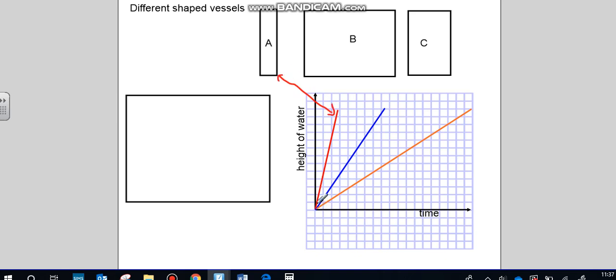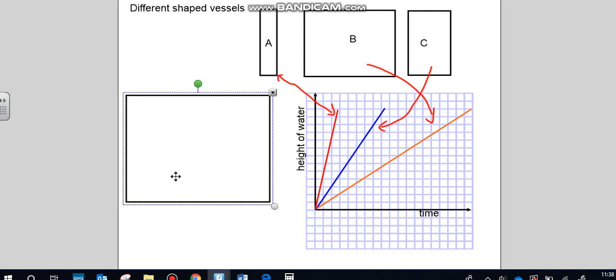This is saying that the height increased quickly, and B is represented by this very shallow graph here. The height increased a lot more slowly, and it took a lot longer to get to the same height here. And then obviously C is in between.